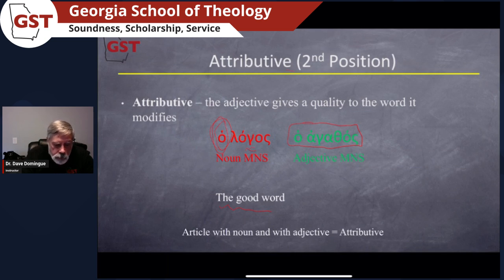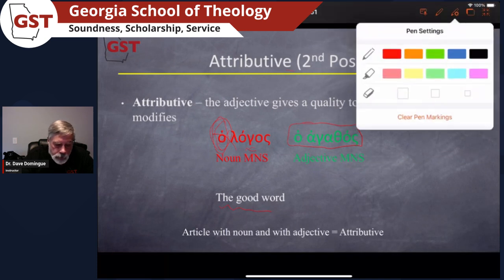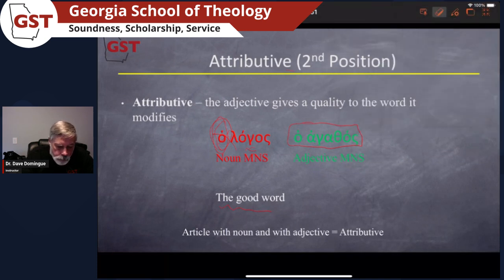If it's first position, there is no article with the noun it's modifying. If it's in second position, then there will be an article there, and that doesn't change anything with its translation. So it'll be ho logos ho agathos. The good word is still the same translation.